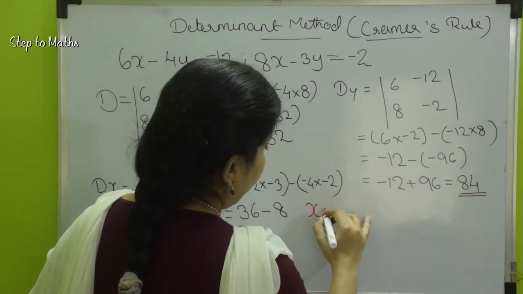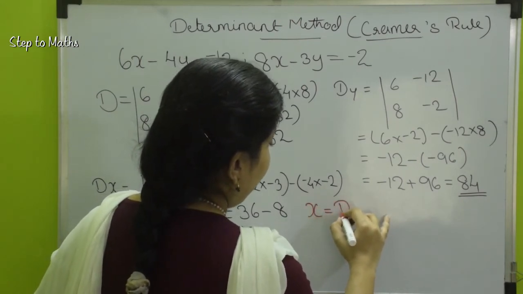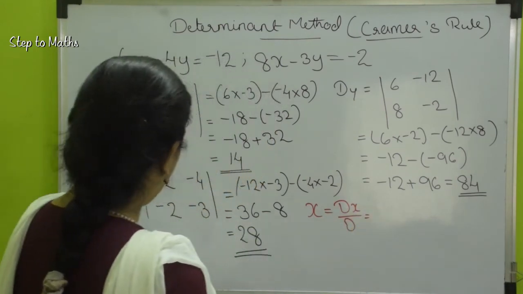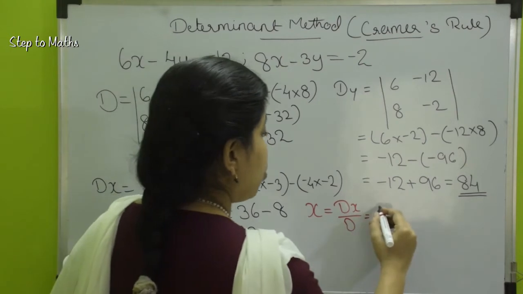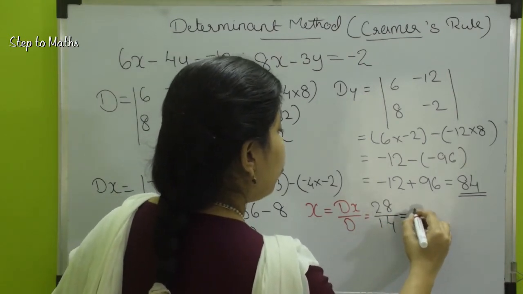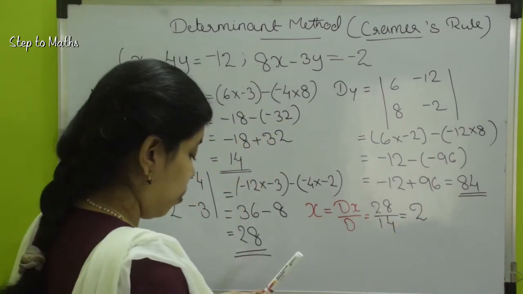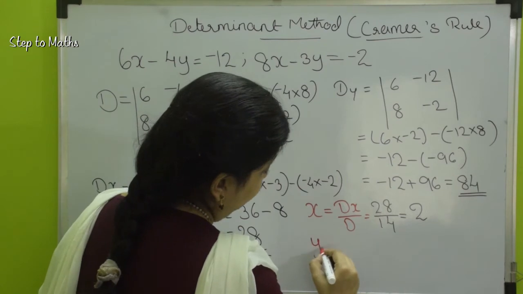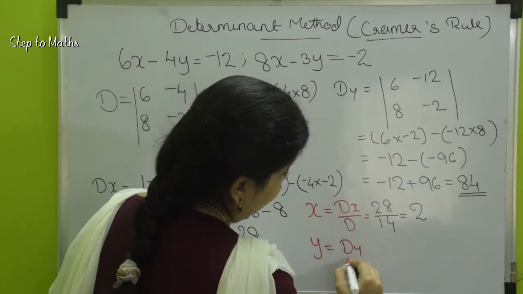Now the value of variable x is equal to dx upon d. The value of dx is 28. 28 upon 14 is equal to 2. The value of y is equal to dy upon d.